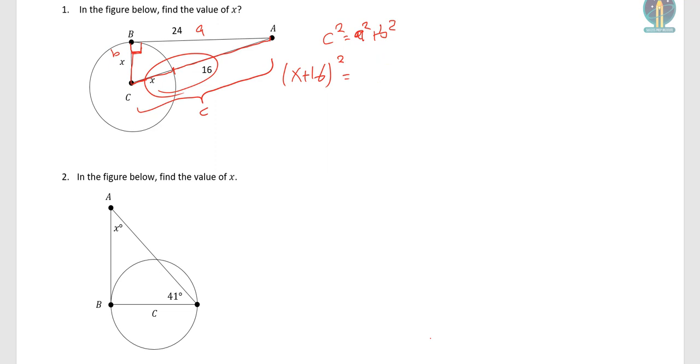Actually, let's use x first. So x squared, which is this. And then 24, let's make that b. So plus 24 squared. Okay. This looks intimidating, but it's not, I promise. Whenever you see something like this in geometry or anywhere in algebra, just do not get intimidated, okay?